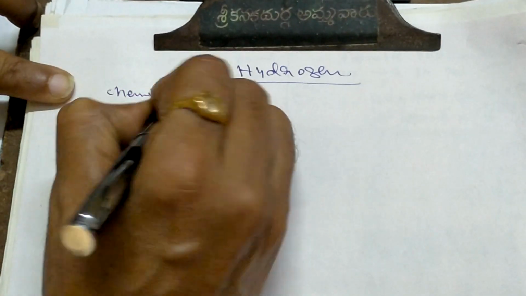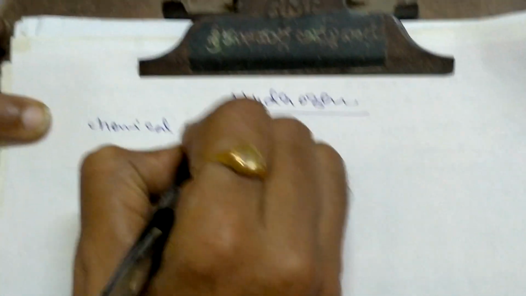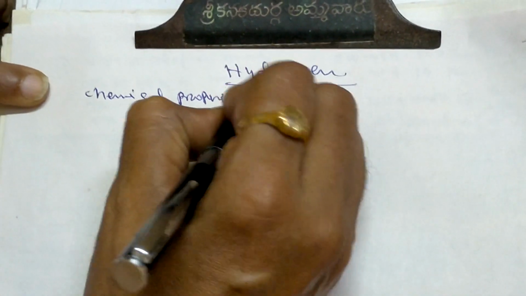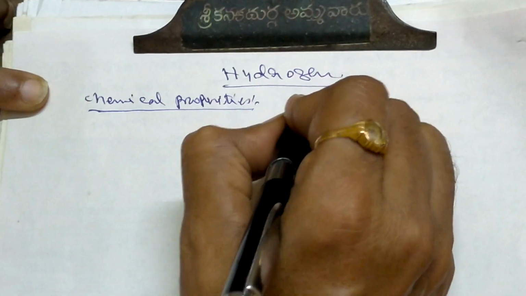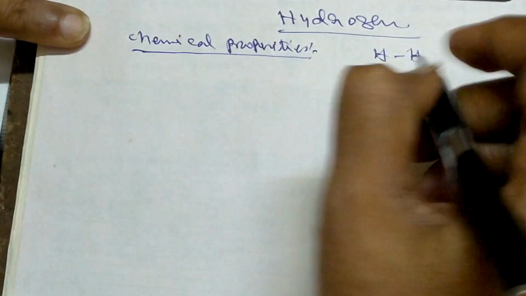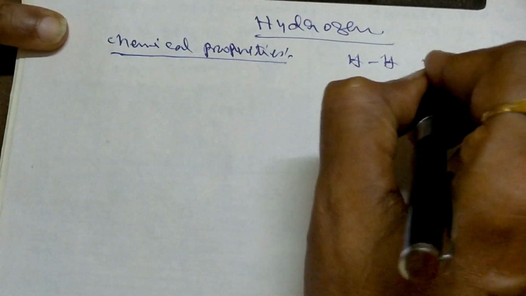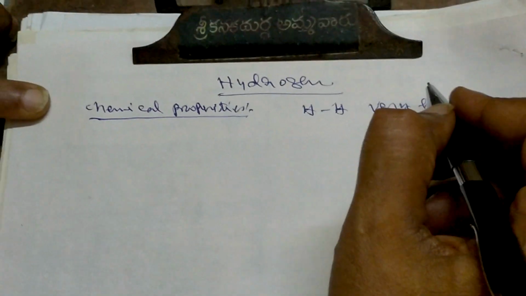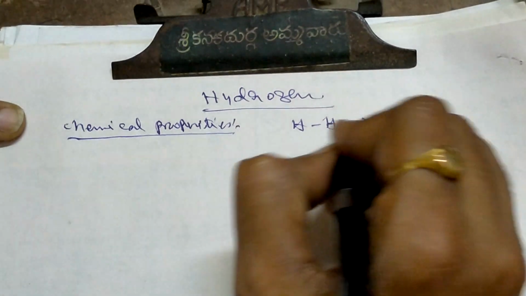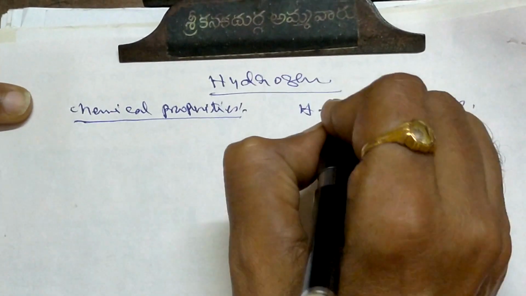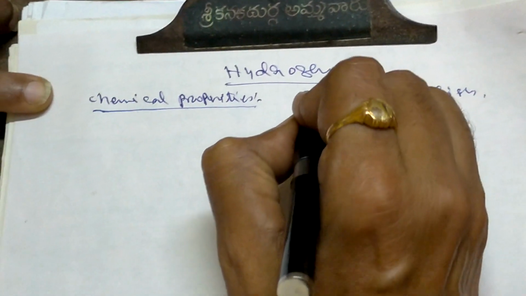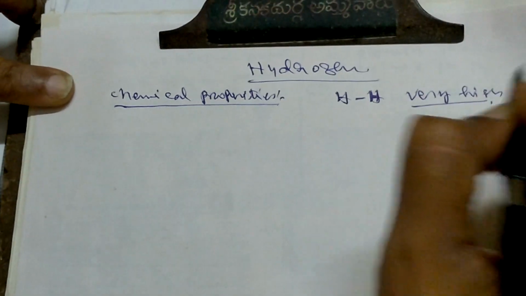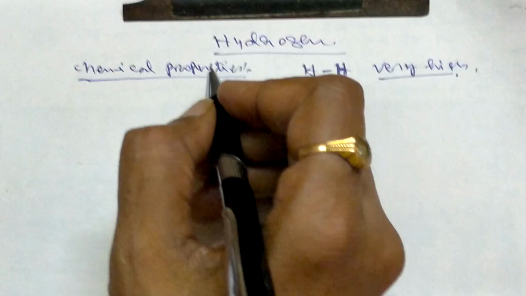Chemical properties. The hydrogen bond cleavage or dissociation enthalpy is very high. So at 5000 degrees Kelvin only it will be dissociated. That is the specialty of hydrogen, and because of this there is a lot of importance.